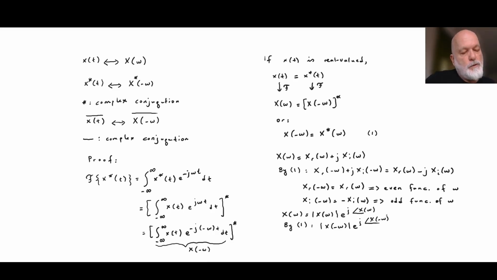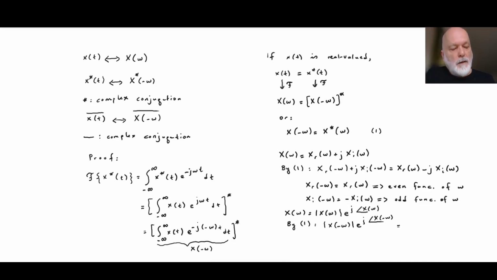So X of minus omega is equal to the magnitude of X of omega e to the minus j phase of X of omega. This minus sign is coming from complex conjugation.